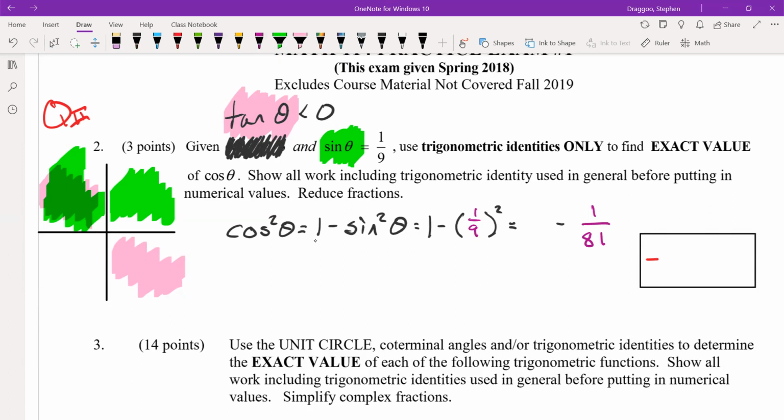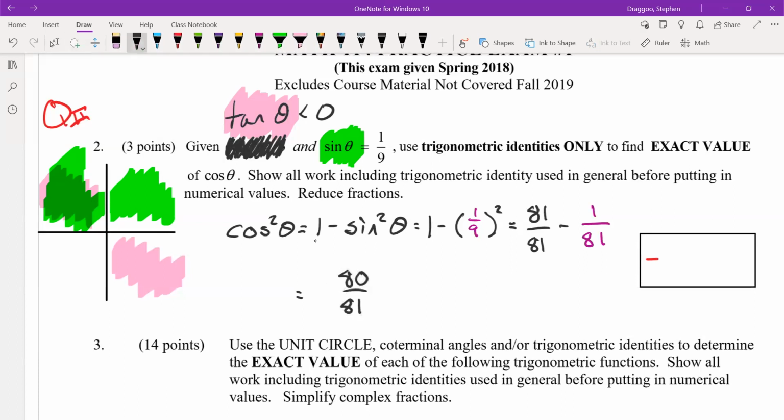So I want to rewrite 1 also as a fraction. Call that 81 over 81, since 81 over 81 would reduce back to 1. But now that subtraction's pretty straightforward. 81 minus 1 is 80, all of that over 81. So 80 over 81.